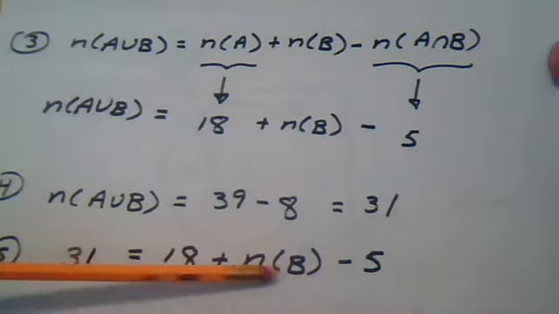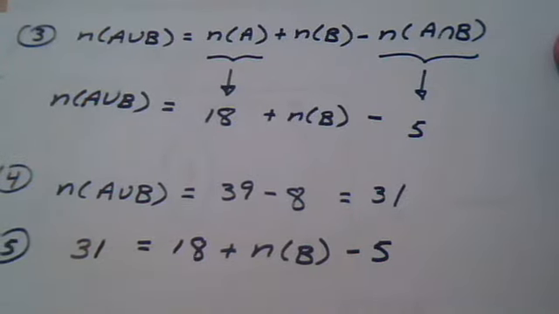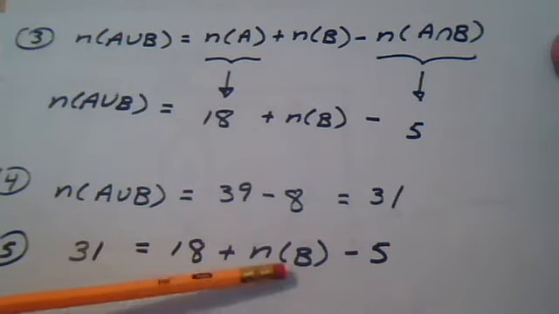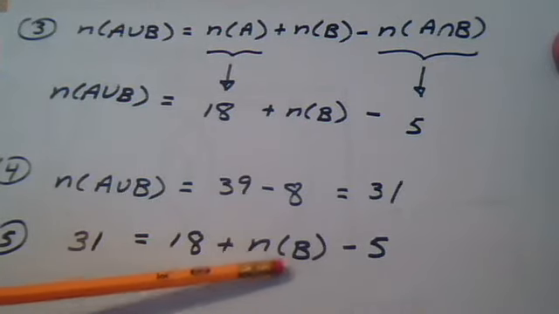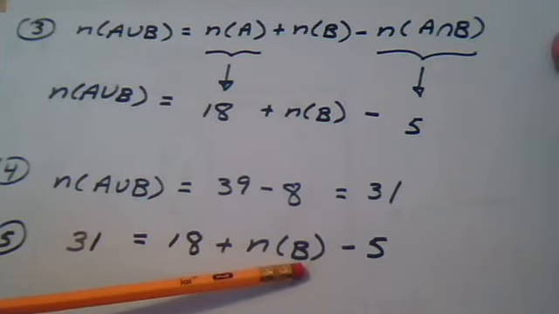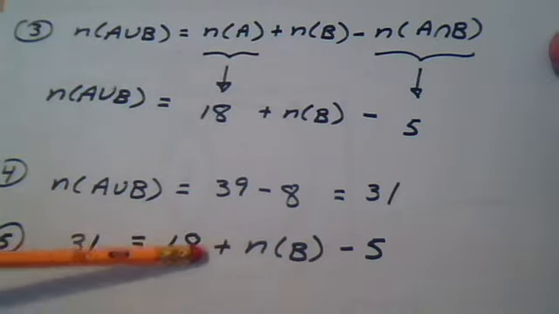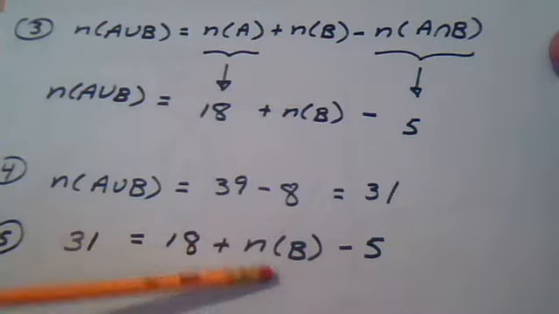So this is what we have so far after plugging in all the information we have up to now. Notice we could figure out how many are in the chemistry circle, the chemistry group, the B. Just go 18 minus 5, and then move the number to the other side by subtracting, and that will give you how many are in the chemistry group.